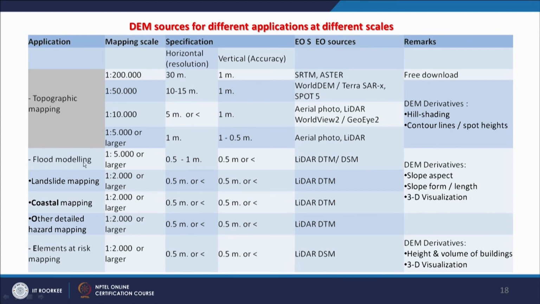For flood modeling, what kind of mapping scale data, what kind of resolution data you require, and which are the data which will be useful, like LIDAR DSM, because LIDAR provides the digital surface information, and therefore they are DSM, and in flooding that is very helpful, and this we have also discussed earlier.